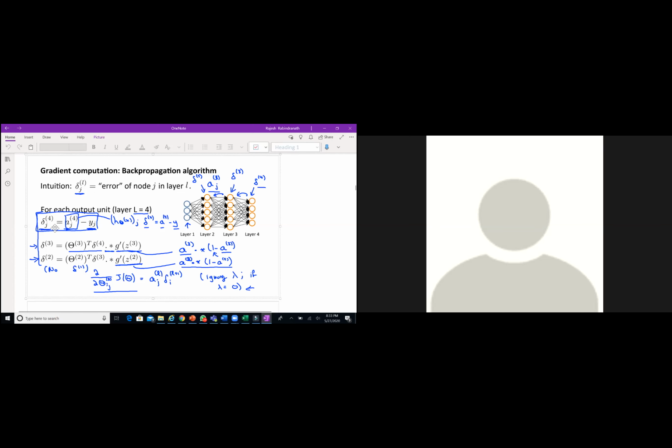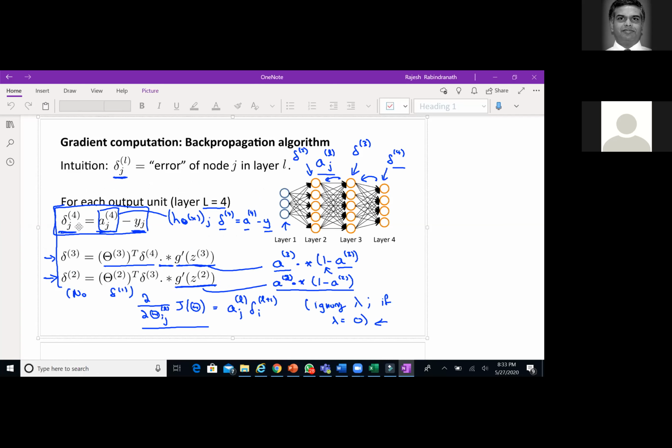The first error calculation is very simple, just like the first activation calculation of the input node is very simple, because the input features are basically the first value of the activation node. Like that, the output feature, the observed value minus the calculated value, directly gives you the error of the final layer.